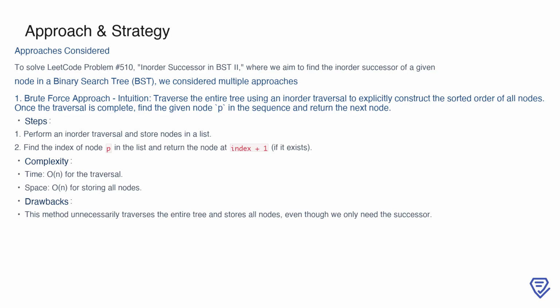While straightforward, this method has significant drawbacks. Both the time complexity, which is O(n), due to traversing the entire tree, and the space complexity, also O(n), for storing all nodes, make this inefficient. Additionally, this approach does more work than necessary, as we only need the successor of a single node, not the entire ordered list of nodes.